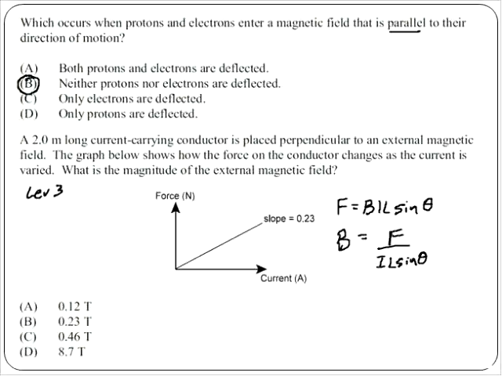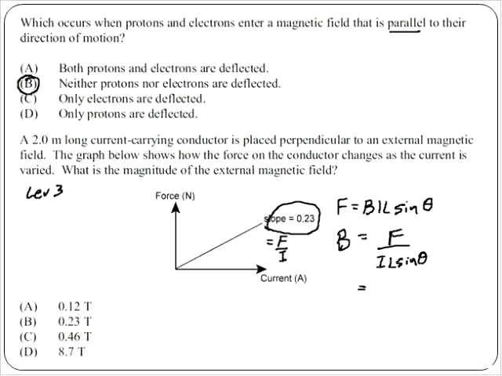In this one, we're not given the force or the current, but we are given the slope. And the slope is equal to F over I, force divided by current. So we don't know what the force or the current is, but we do know what force divided by current is, because that's the slope.